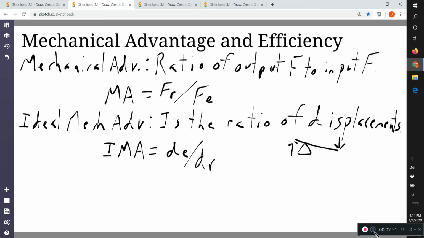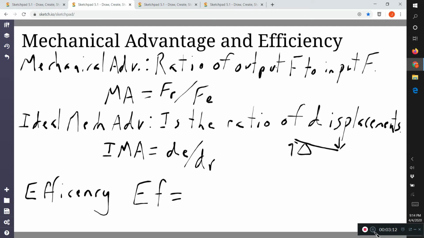No machine ever perfectly meets its ideal mechanical advantage, and the relationship there is what we call efficiency. Efficiency is essentially how close do we get? And there are 2 formulas for efficiency.